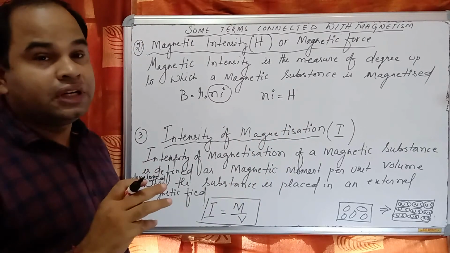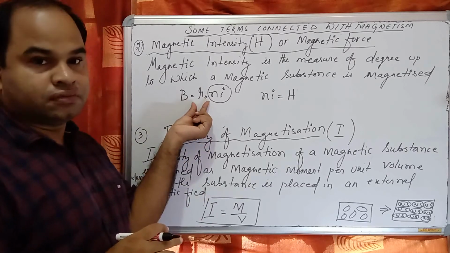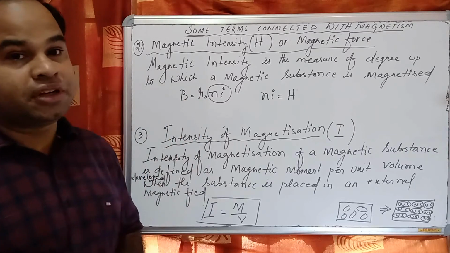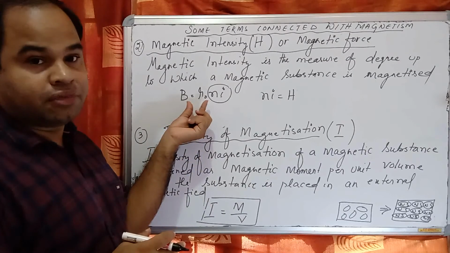When the field lines are produced, they move in the medium, that is permeability. If it is traveling in air medium, it is mu naught, the permeability of air medium.